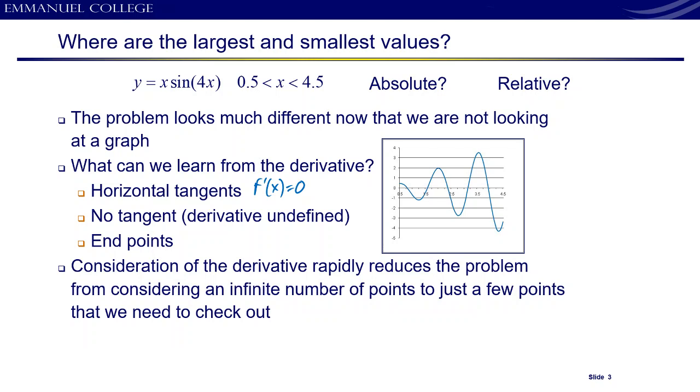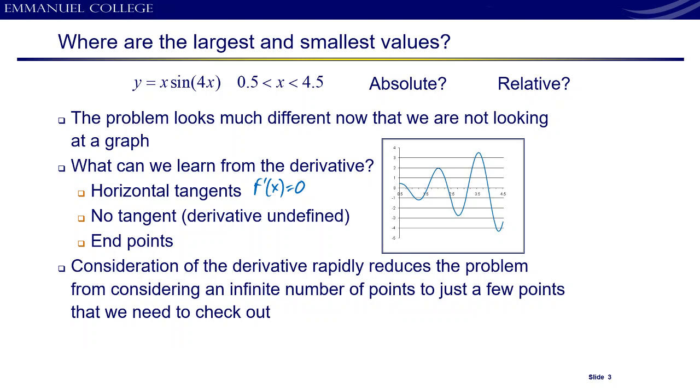So when you take the derivative, the nice thing is you've just taken the problem down from being what are all these points that I have to check to, all right, now I need to look at where does it equal 0, where is it undefined, and what are the values at the endpoints.